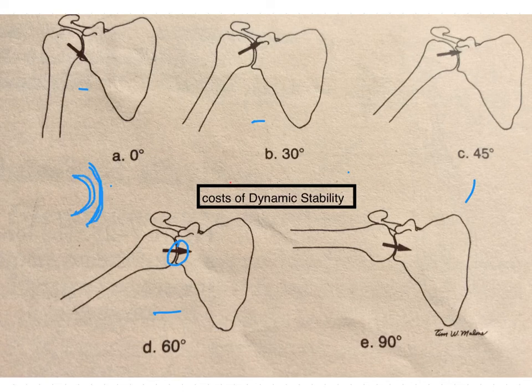If there is any gliding force existing between these two, that is the shear force. Because of these two contact surfaces, it creates some friction across the joint surfaces.